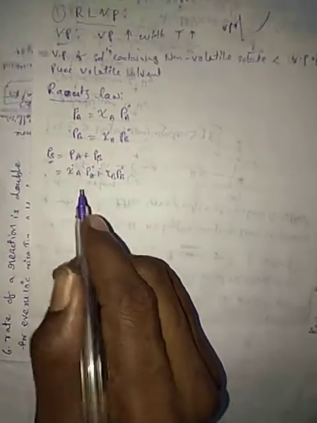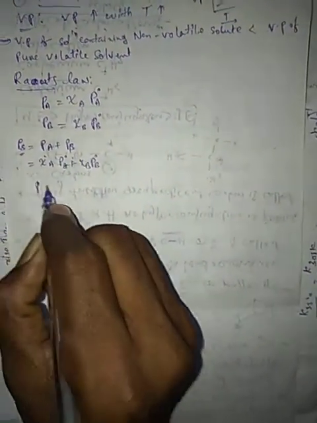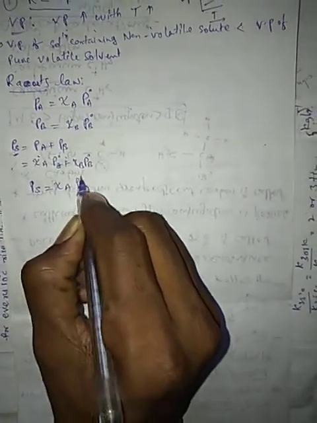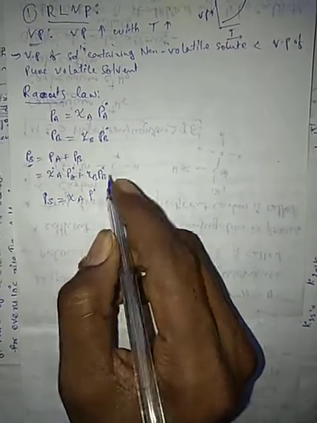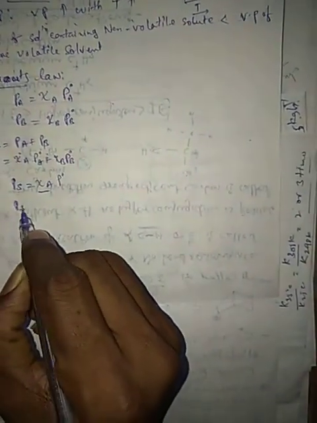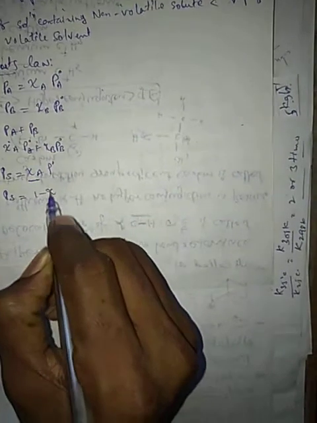Let us assume a solution is formed containing volatile solvent A and non-volatile solute B. Now I am writing for the total solution: PS is equal to the mole fraction of A times P naught. The mole fraction of A is 1 minus XB, so PS is equal to (1 minus XB) into P naught.